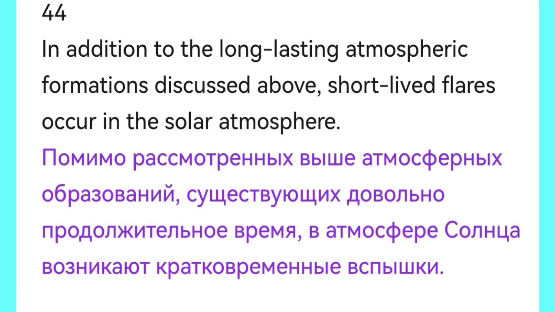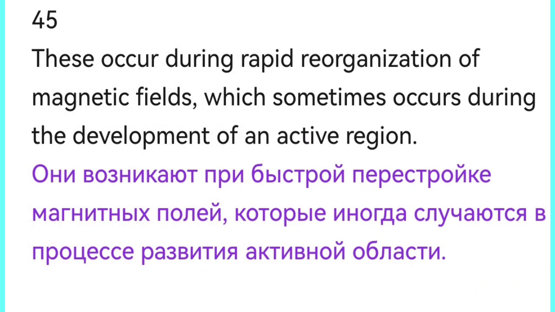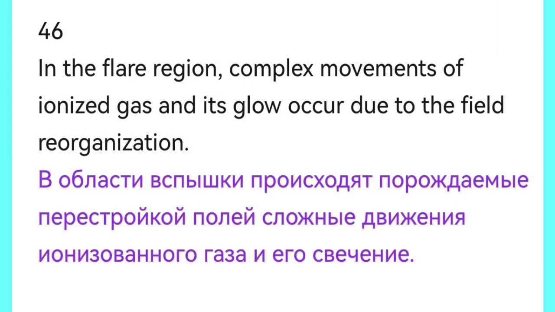In addition to the long-lasting atmospheric formations discussed above, short-lived flares occur in the solar atmosphere. These occur during rapid reorganization of magnetic fields, which sometimes occurs during the development of an active region. In the flare region, complex movement of ionized gas and its glow occur due to the field reorganization.